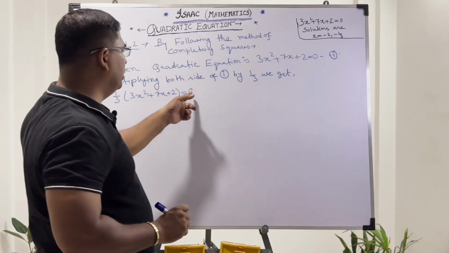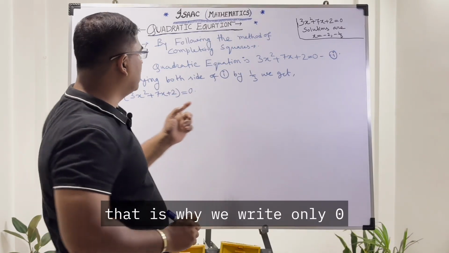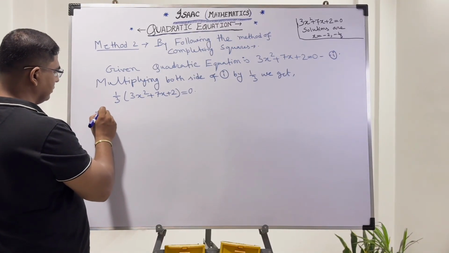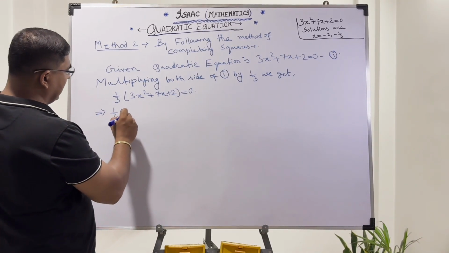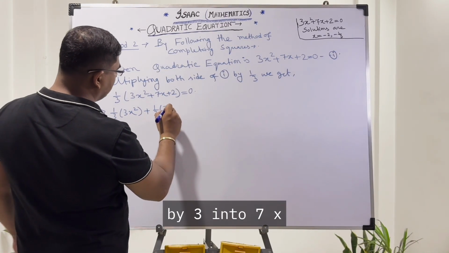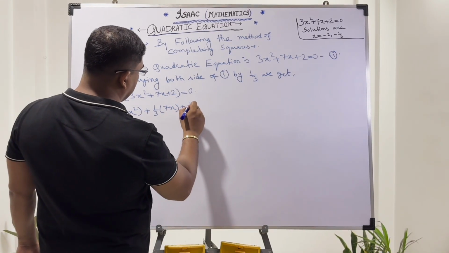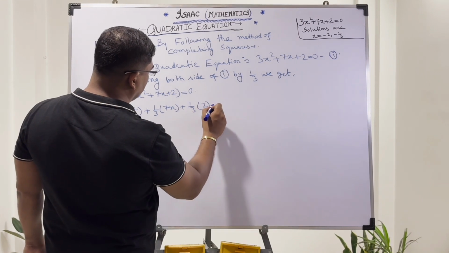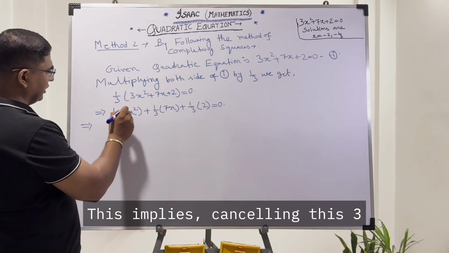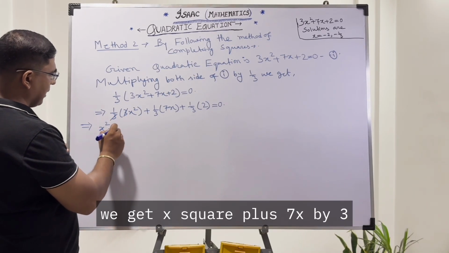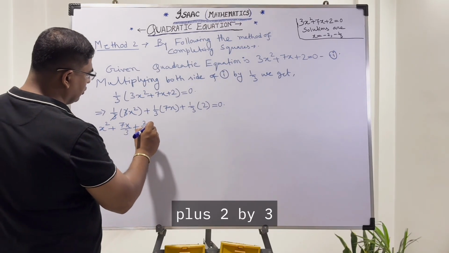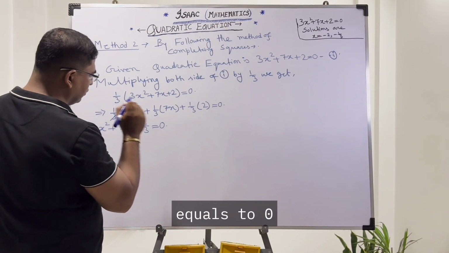Because 0 into 1 by 3 will give 0, that is why we write only 0. 1 by 3 into 3x square plus 1 by 3 into 7x plus 1 by 3 into 2 equals to 0. This implies, cancelling these 3, we get x square plus 7x by 3 plus 2 by 3 equals to 0.